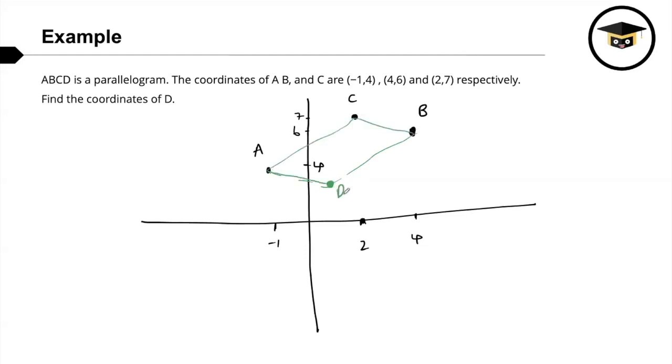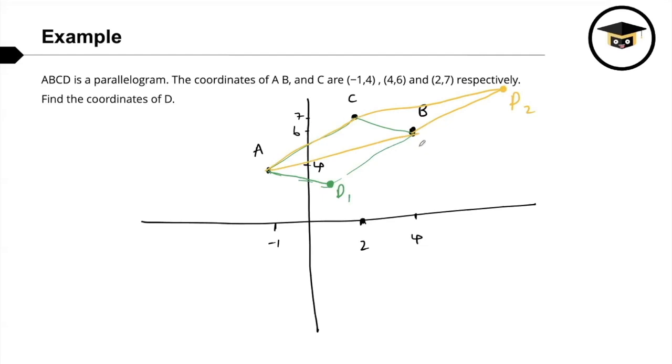So I'll call that D1. D2, that's where, if we have the point over here somewhere, so if we have D2 over there, you can see that this would spell out a parallelogram as well. And finally, we can have D3.